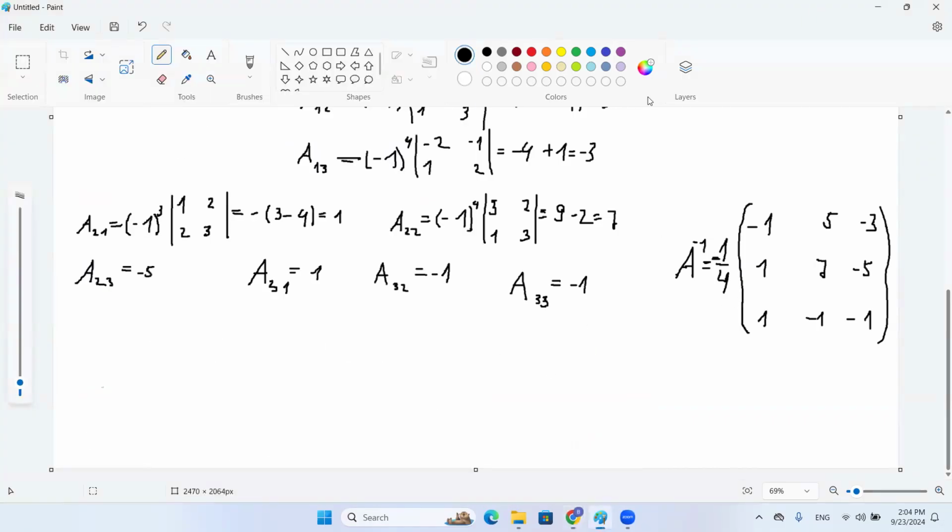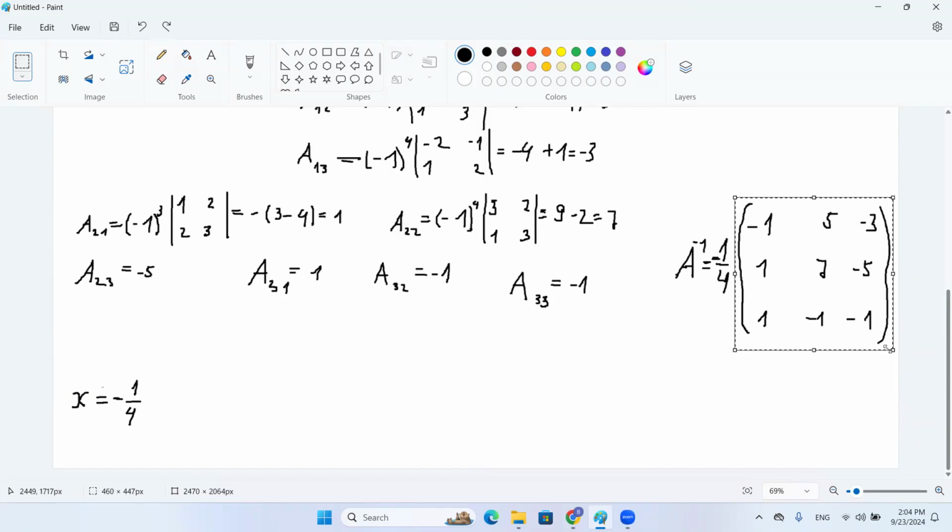And now, who will tell me how to solve? Okay, Stanislav. So let's calculate x. To find x, we need to multiply A to the power -1 by b. Now let's do it. By the way, let's make it simpler.